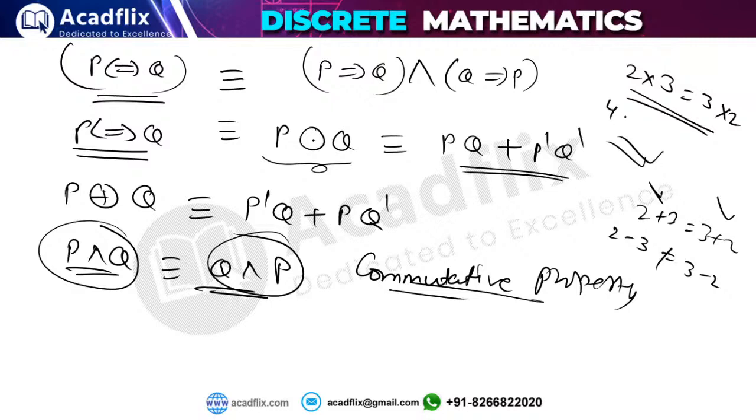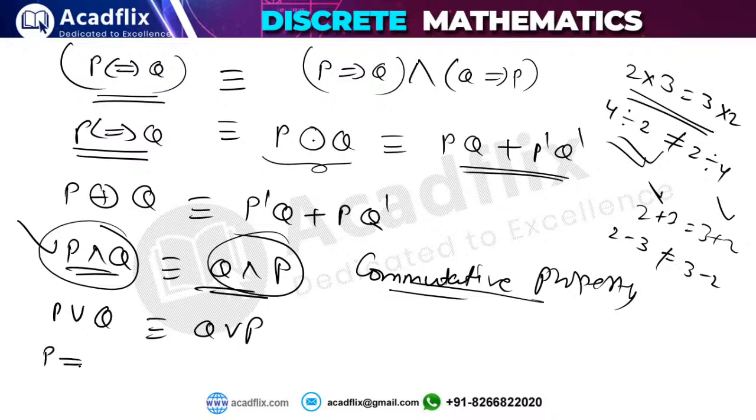For example, 4 divided by 2 is not the same as 2 divided by 4. But conjunction is commutative, disjunction is commutative. But remember, implication is not commutative. P implies Q is not the same as Q implies P.